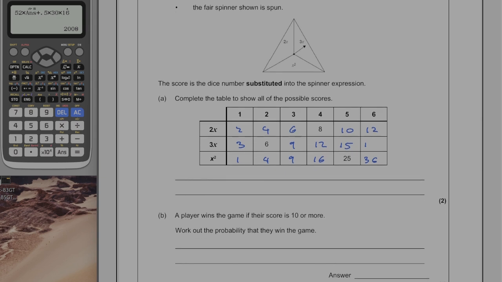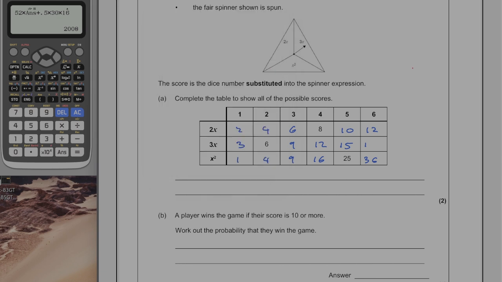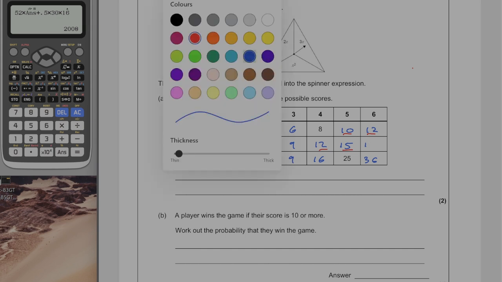The player wins the game if their score is 10 or more. Work out the probability that they will win the game. So if I just change colour slightly. So 10 or more, so we've got 1, 2, 3, 4. I've miswritten here. That was 18.